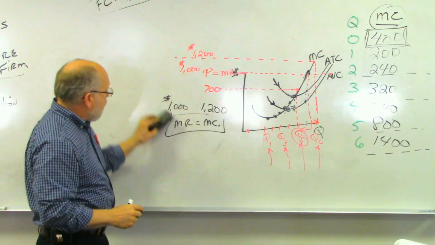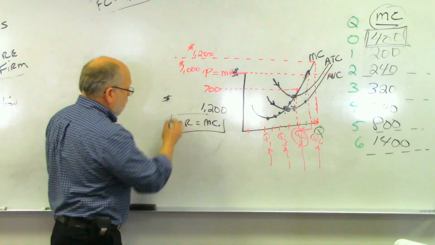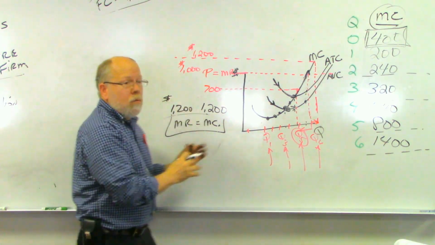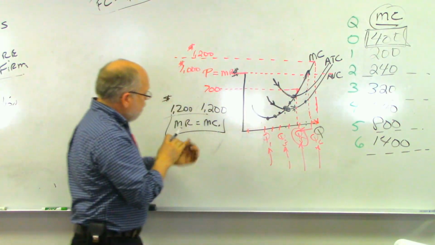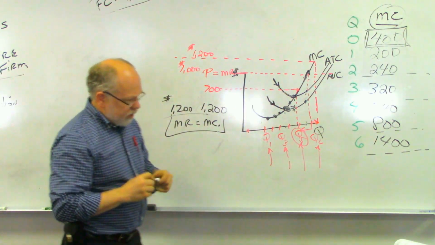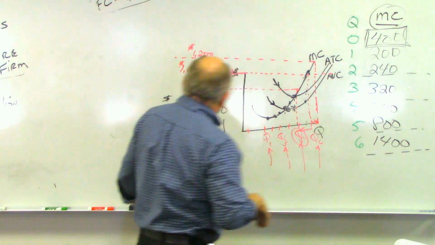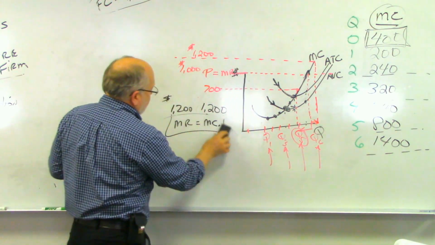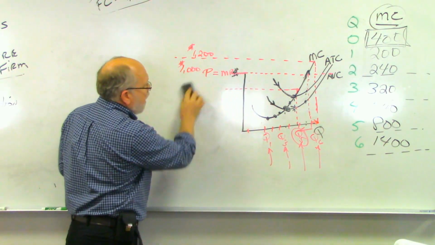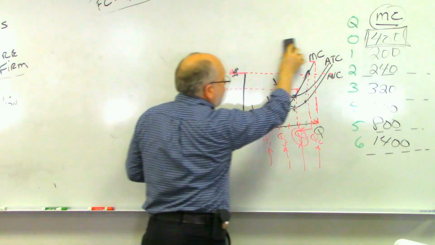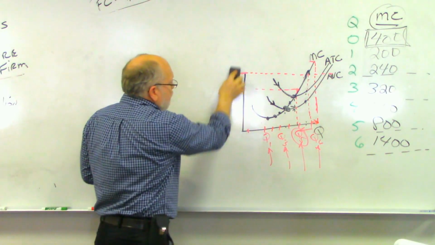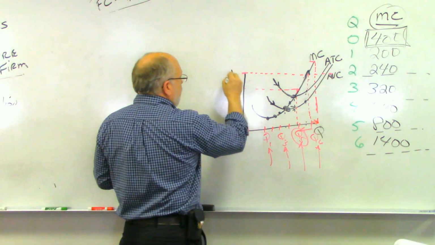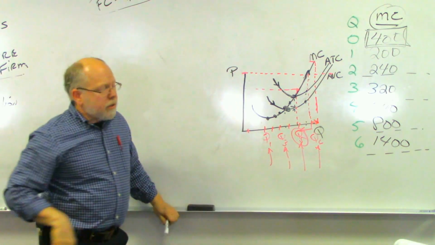But if the price happened to go up to 1,200, oh, okay, we'll produce more, because that would be using our profit maximization rule. So let's say that based upon the data that we had before, we have a price that's dictated to us by the marketplace.